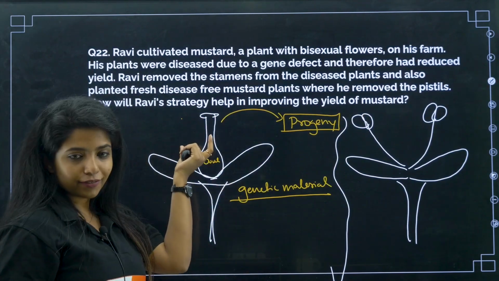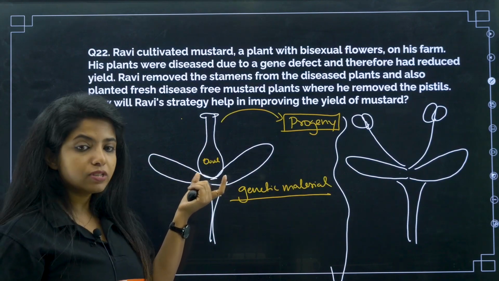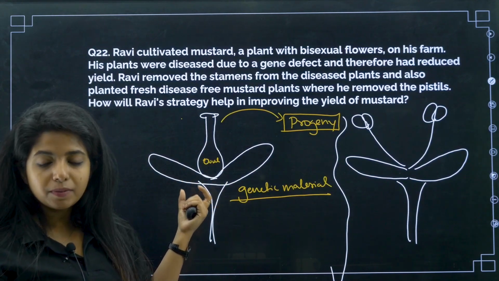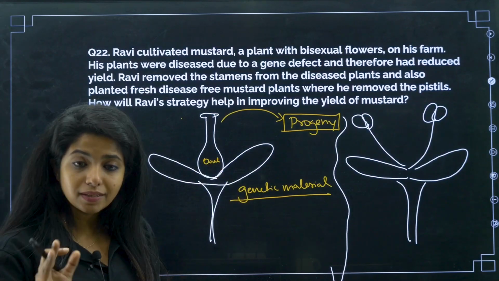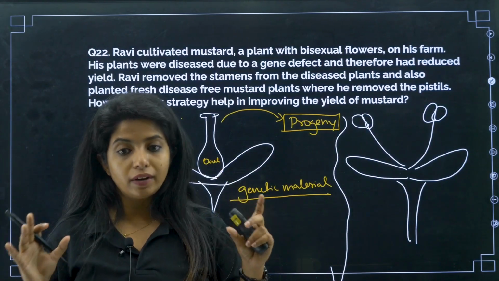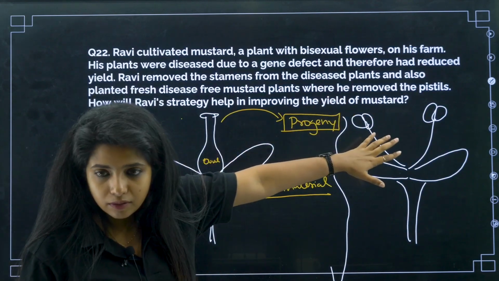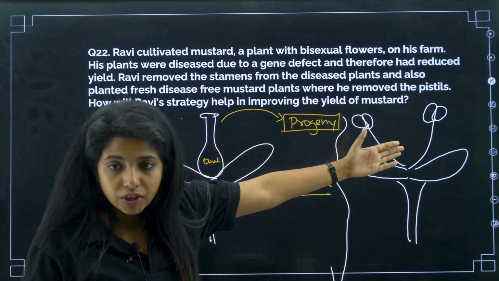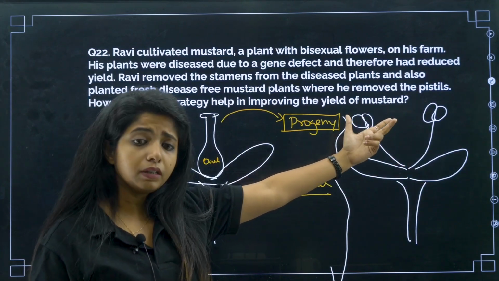Basically, if the pollen grain as well as the ovule were from the same plant, obviously they will have the same genetic material. That means the male gamete inside the pollen grain and the female gamete inside the ovule will have the same genetic material. So whatever you do, the progeny will have the disease. But what if the pollen grains released from here are of a different plant? That means different genetic material, and this is a disease free plant. So obviously I am getting disease free pollen grain.